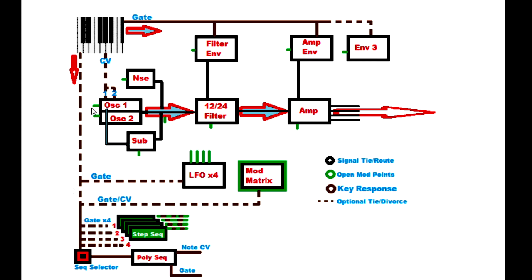I mean, that's pretty much the gist of it. You have your 2 oscillators and your noise and your sub going to a filter that's controlled with an envelope, and that's going to an amp that's controlled with another envelope, and those go out. And then you have other options to control what happens inside of this audio path, depending on what your keys are doing or what the sequencers and the clock are doing.